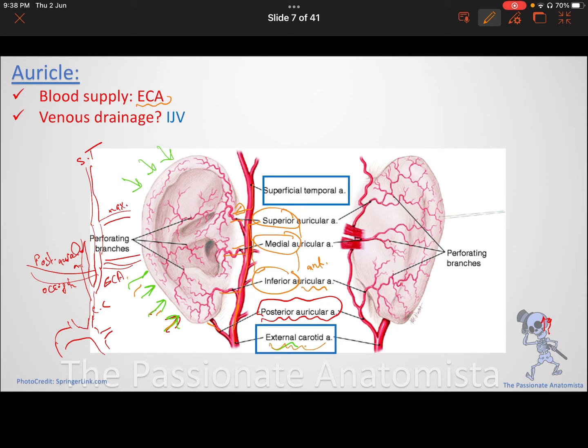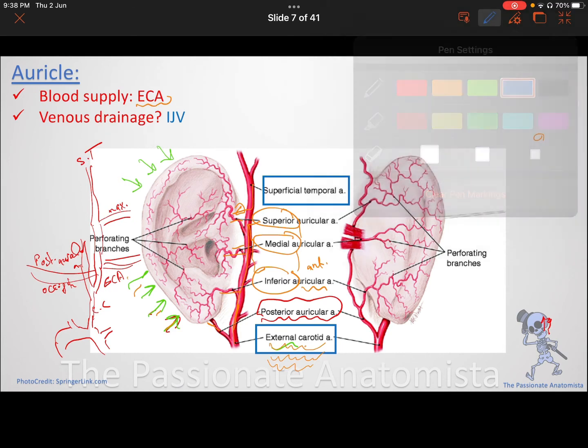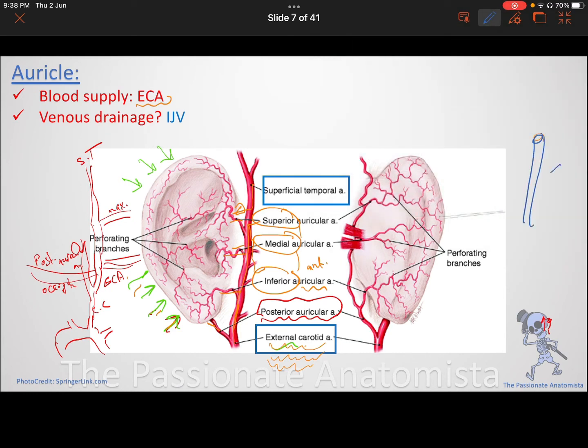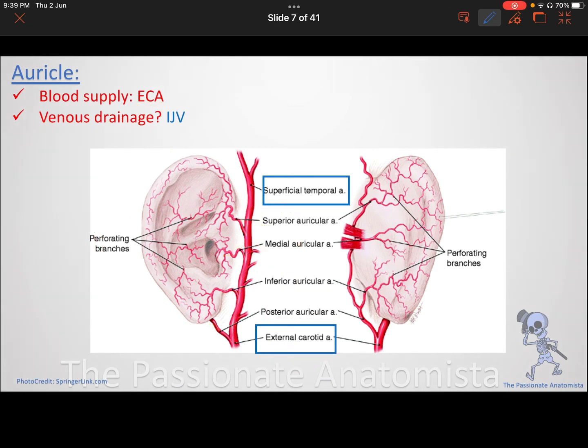So most of the names of the branches of the external carotid artery, the equivalent named veins are draining into the internal jugular vein. So the internal jugular vein is going to receive these auricular veins, because we don't have anything called an external carotid vein.